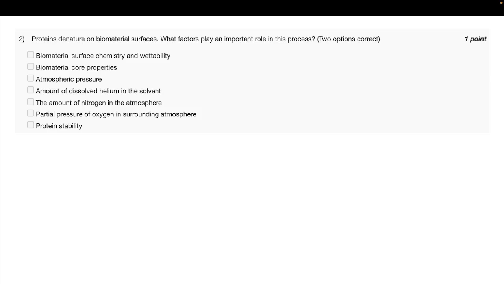The question is what factors play an important role in deciding how much denaturation will happen to a protein once it adsorbs to a biomaterial surface. If you know the answer, please let me know. I'll wait for a few minutes for you to read through the options.